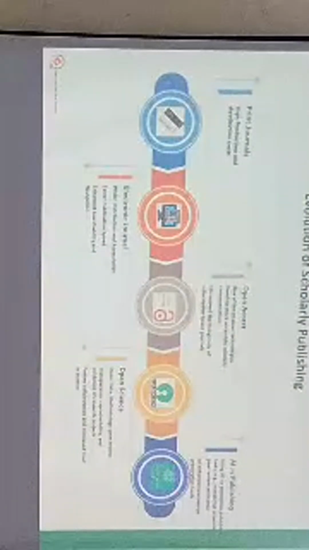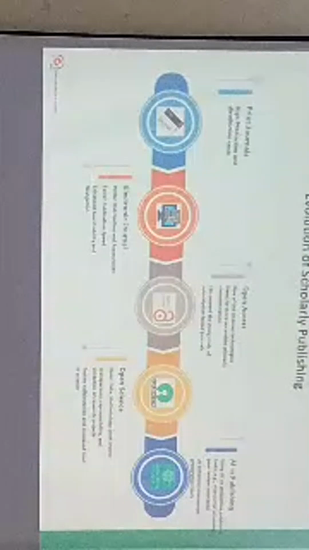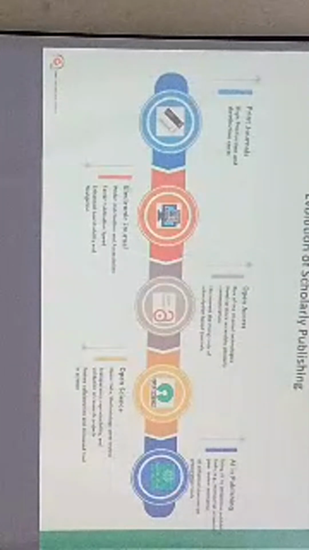So when the internet became common and computers came, some journals became electronic. They moved to the electronic space. So we have what we call electronic journals, where you have wider distribution and accessibility, faster publication speed, because you can compare this with the person who is sending it by mail.